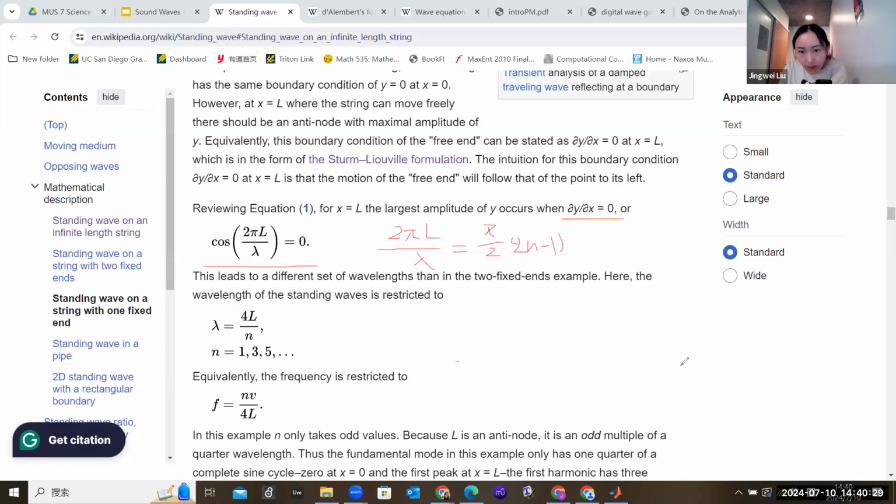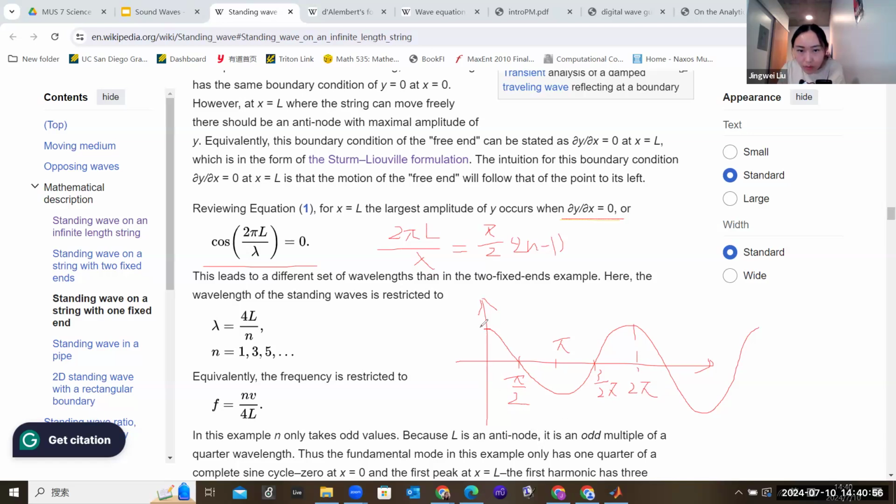Why? Because cosine is of this form. It starts from here, and here is pi over 2, here is pi, and here is 2 pi.